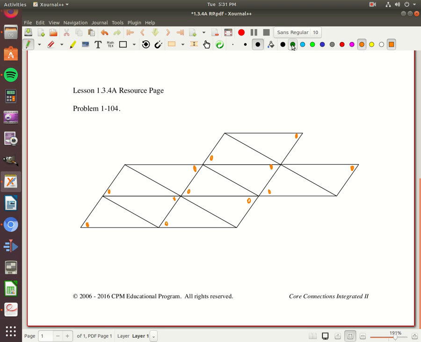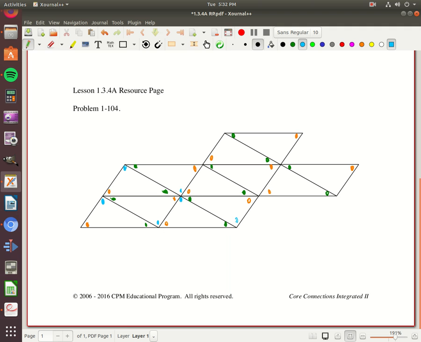Now, if I had green, this would be green and this would be green. This is green, green, and green. But also, I think if it flipped up, this would also be green. So hopefully we see, just depending on the orientation of the triangle, we get one color or the other. And then obviously all the rest will be this color. So this will be the last color that we'll go with.